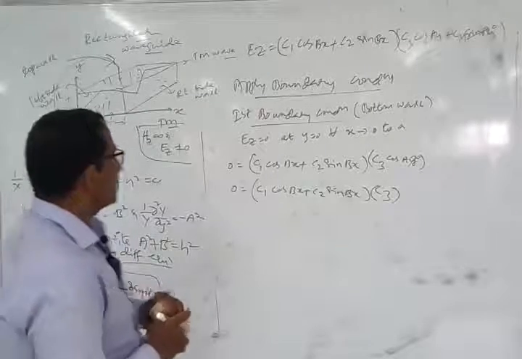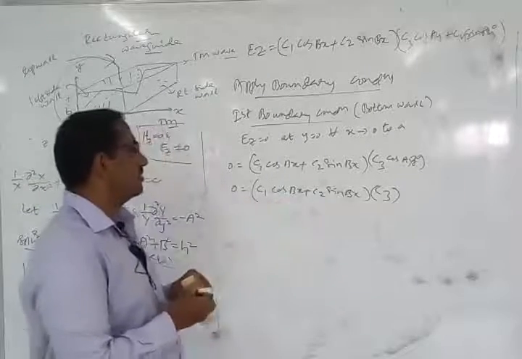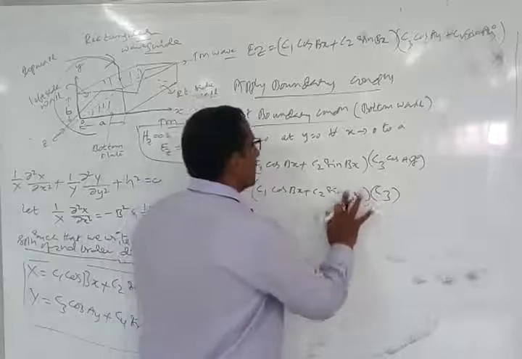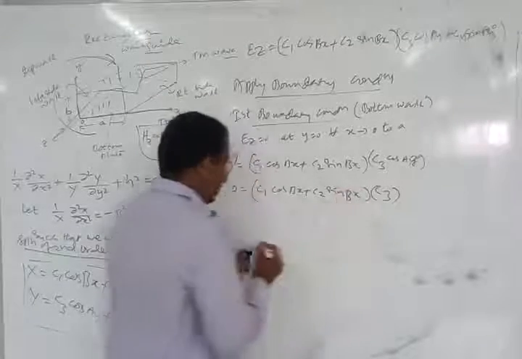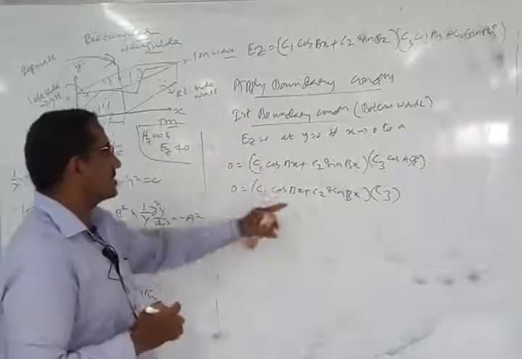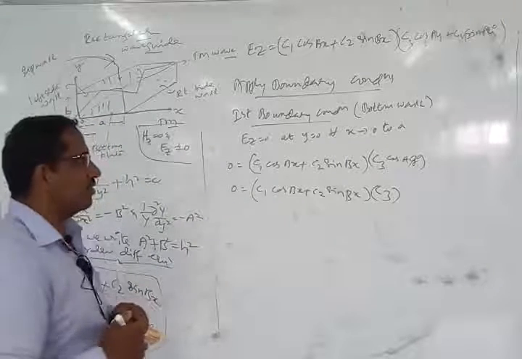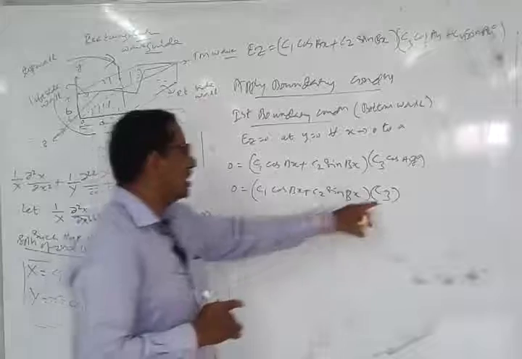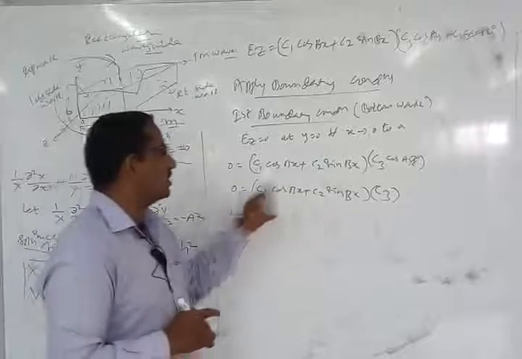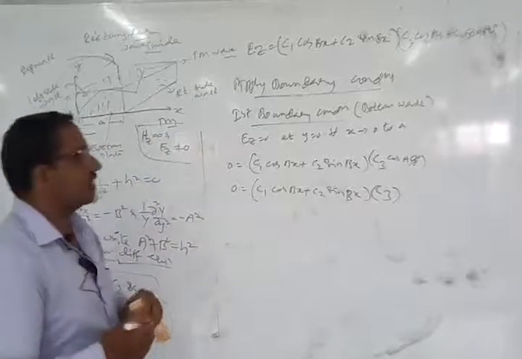Now this is governed by the equal to symbol. Equal to symbol means what? LHS is equal to RHS for it to be true. Now which one has to be made equal to 0? Either C3 is equal to 0 or C1 C2 is equal to 0. That is what we have to decide.